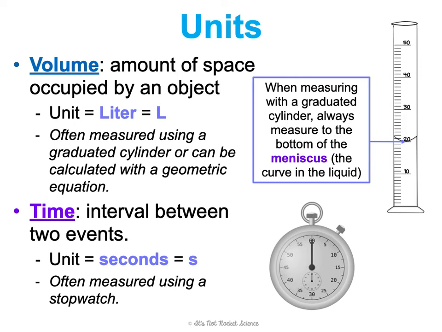So what you want to do is get at eye level when you're pouring or when you're trying to measure some type of liquid, and you're going to watch for the bend or the curve in the liquid known as the meniscus, and that is how you get your measurement. So if you're looking right here, you can see that the bend is actually on 20 milliliters, and that is the accurate measurement for this particular liquid.